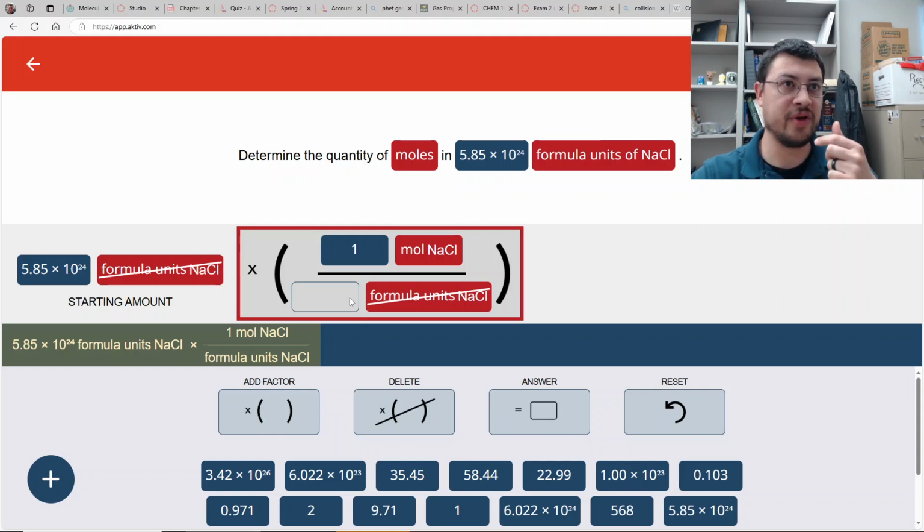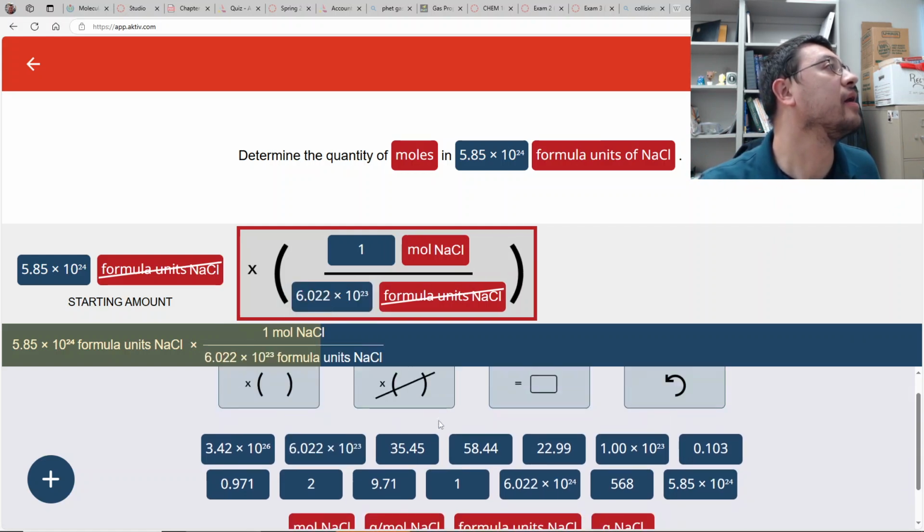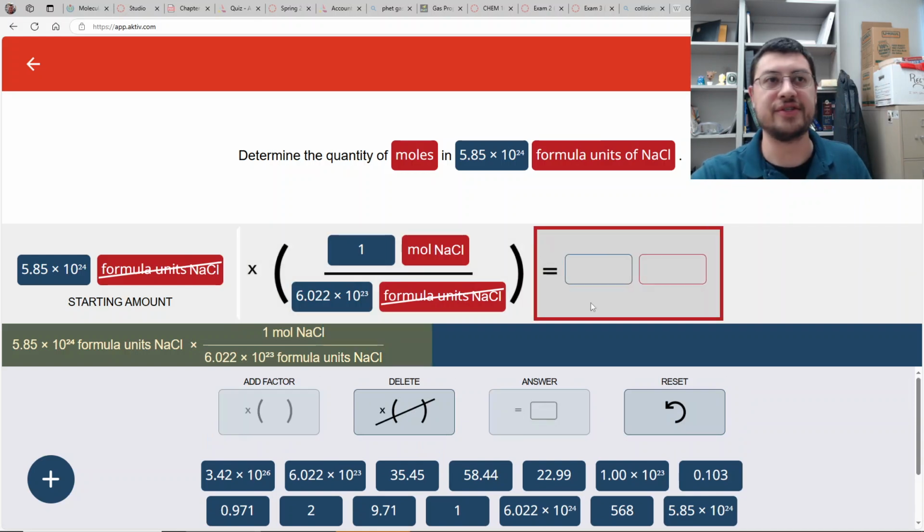And if you're dealing with fundamental things like molecules, formula units, atoms, that's always going to get Avogadro's number. And then that's it. Okay, next one.